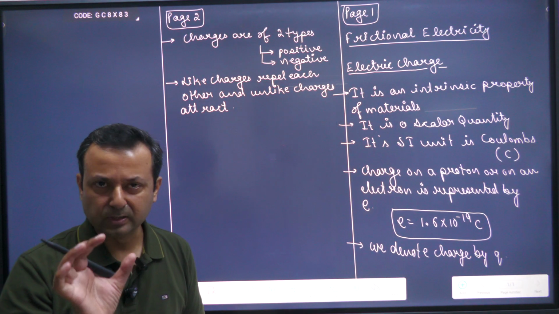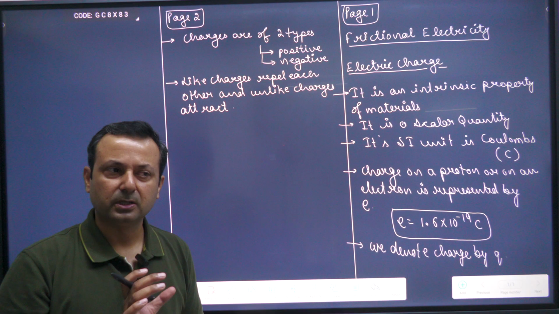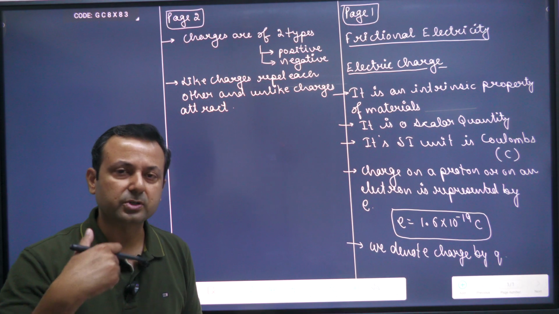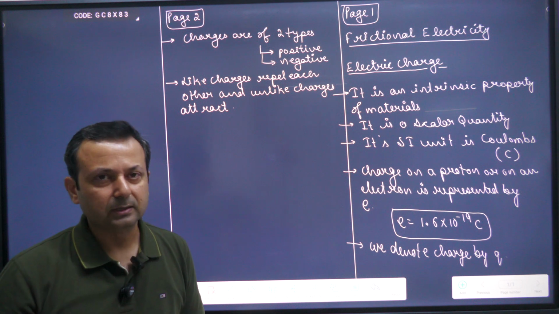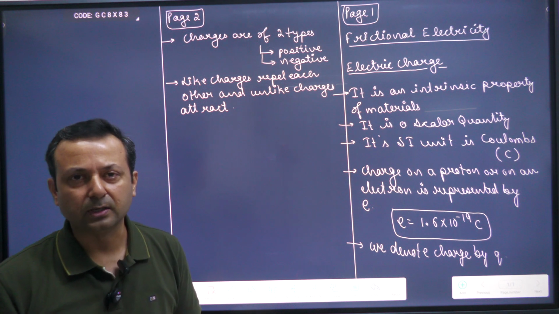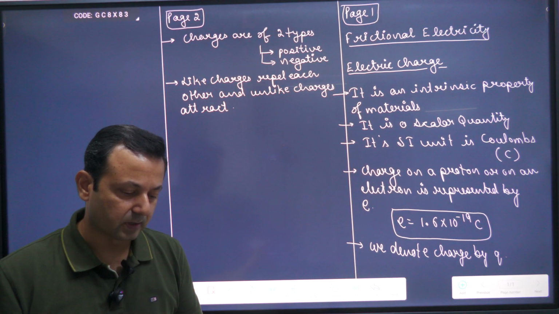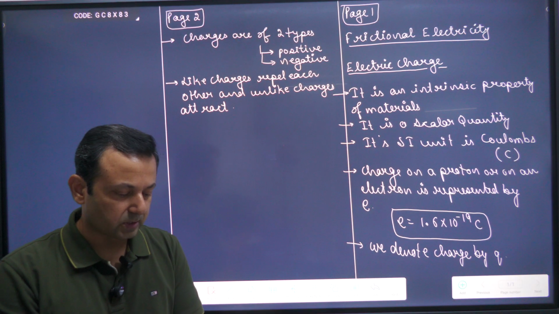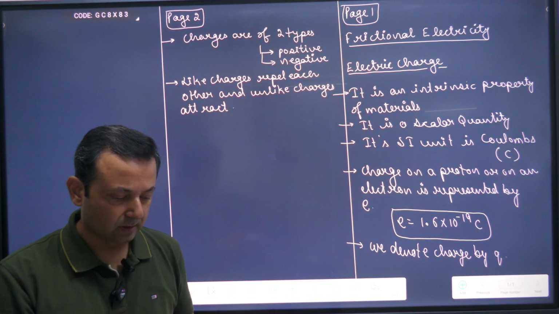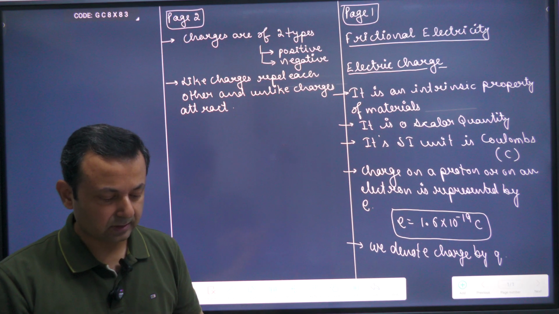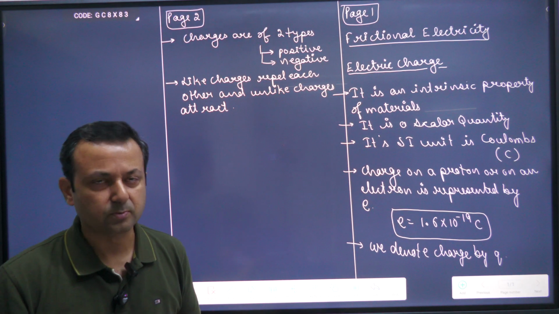If any object has some charges, and that object transfers those charges to some other object, then this process is called electrostatic induction. It is the phenomenon of temporary electrification of a conductor in which opposite charges appear at its closer end and similar charges appear at its farther end in the presence of a nearby charged body.